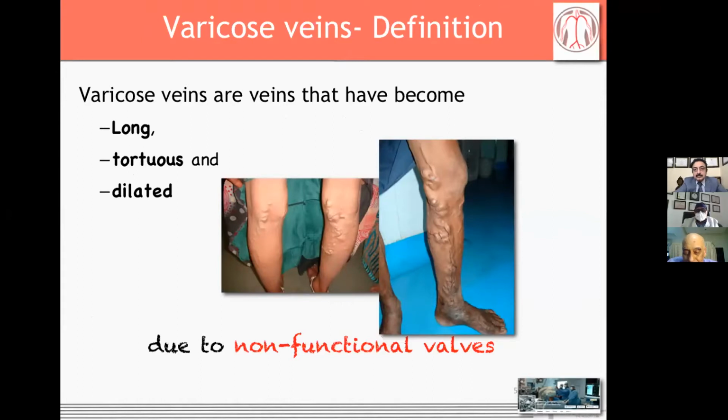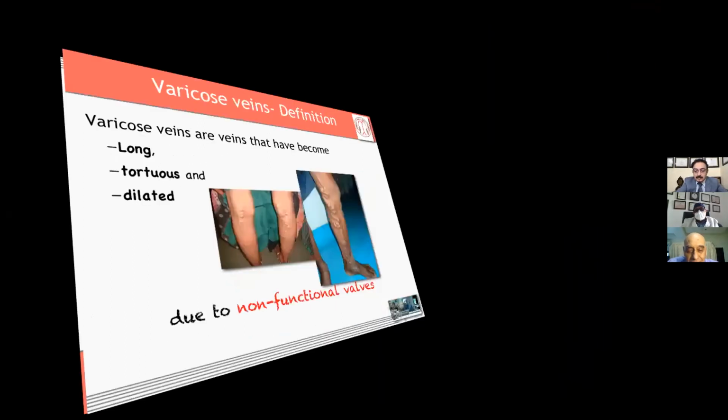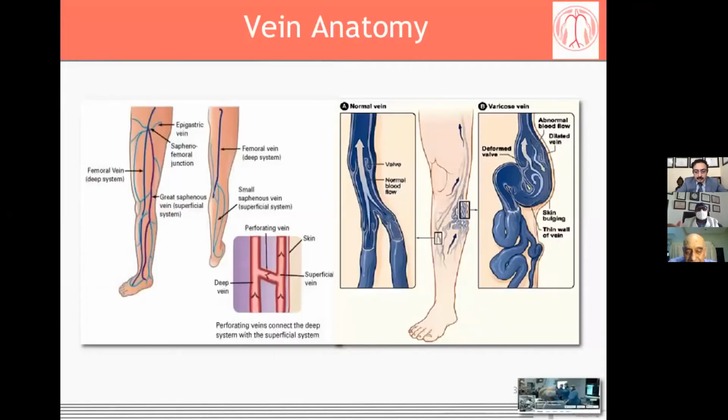There are primary varicose veins, and then there are secondary varicose veins. As I said at the beginning of my talk, unless you know the anatomy and the pathological changes which happen in the varicose vein, it won't be easy to interpret on your duplex scan. So you should know the great saphenous or long saphenous vein, the deep venous system, the junctions, the SFJ or SPJ as we call them, and you should be aware of the perforator anatomy.